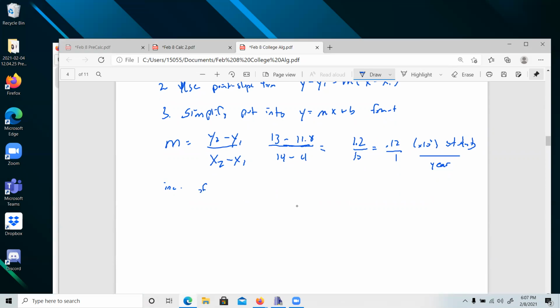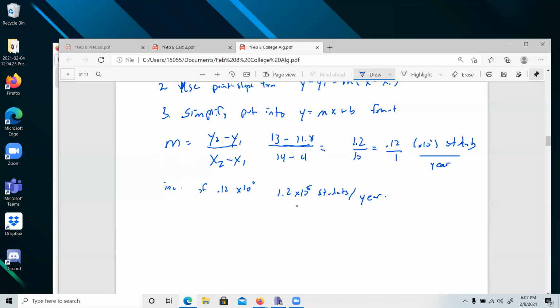If it was a negative slope, we would have a decrease of 0.12 times 10 to the 6th. I know one of my colleagues is going to see this someday and yell at me because it should be 1.2 times 10 to the 5th, because that's how scientific notation works. Students per year.